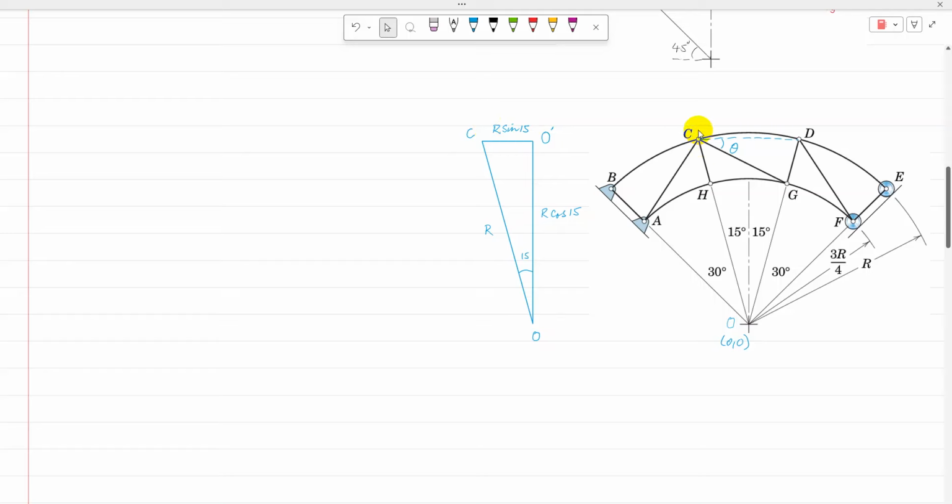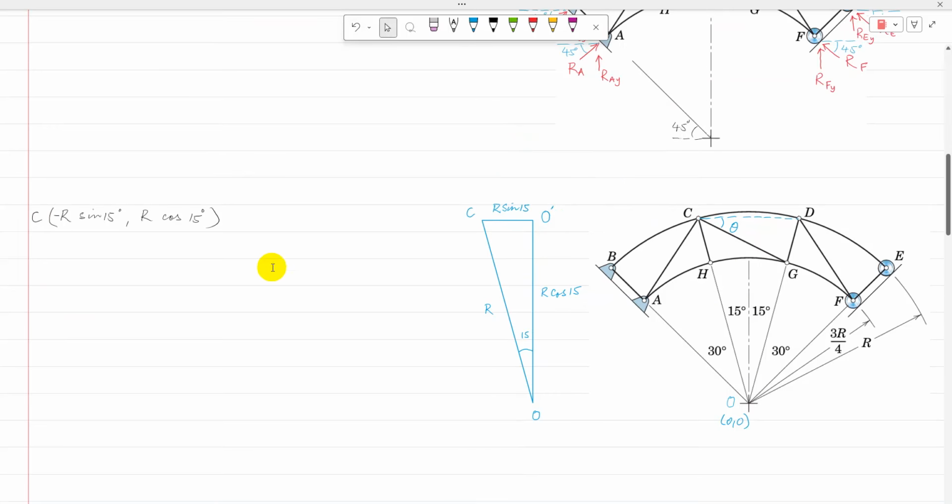Then the coordinate of point C: its y coordinate is R cos 15, and its x coordinate is minus R sine 15, because that is on the negative side of the origin line. So the coordinate of C is minus R sine 15 and R cos 15.